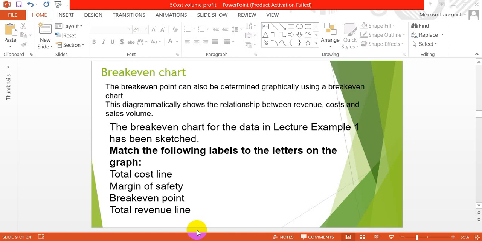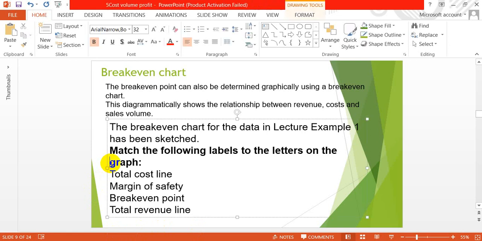So we have the break-even chart for the data in lecture example 1, which has been sketched for us. So we're required to match the following labels to the letters in the graph. The first line is the total cost line.